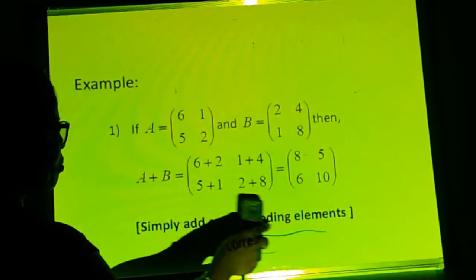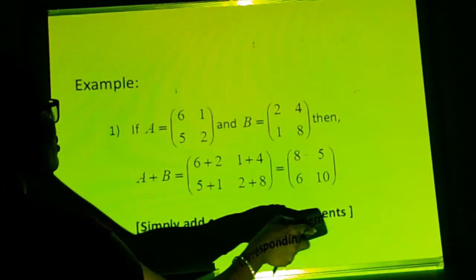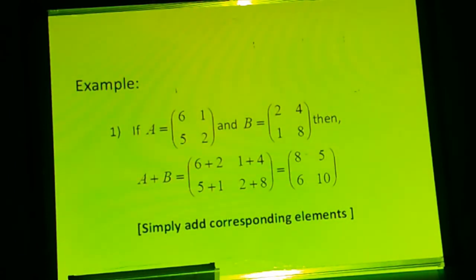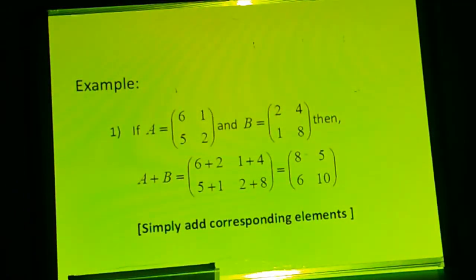Let's take an example. If A is equal to, the elements in the first row are 6 and 1, and the second row is 5, 2. And for B, the elements in the first row are 2 and 4, and in the second row, 1 and 8.